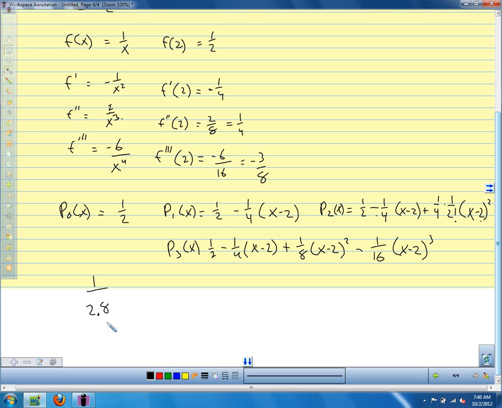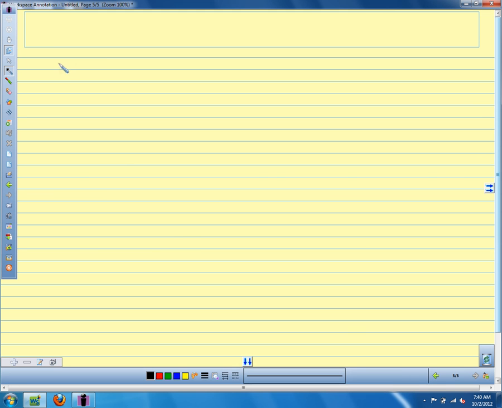What I'm going to say is, since 2.8 is closer to 3, let's expand 1 over x plus 3. 2.8 is close to 3.